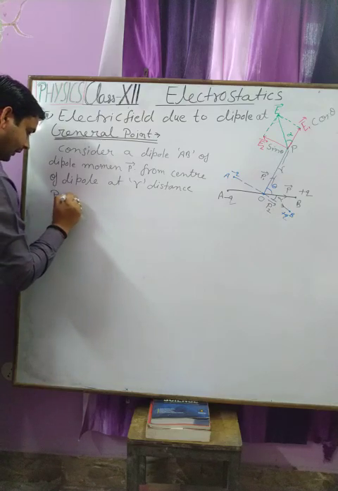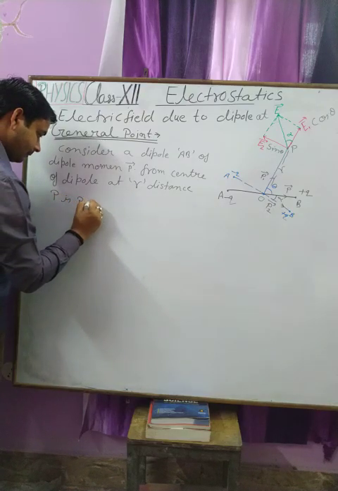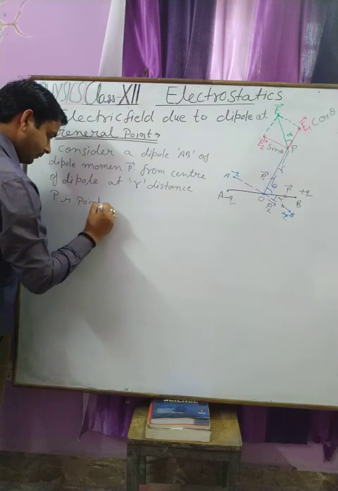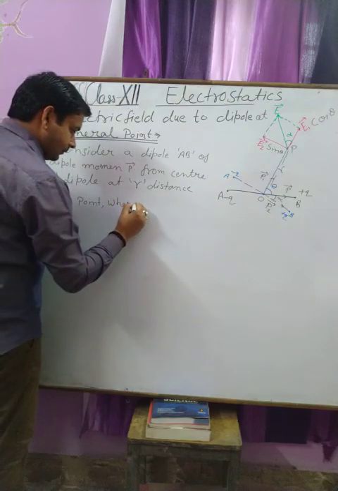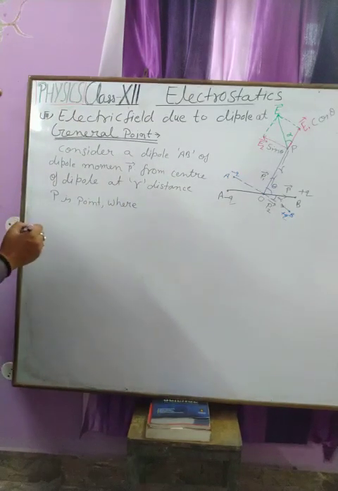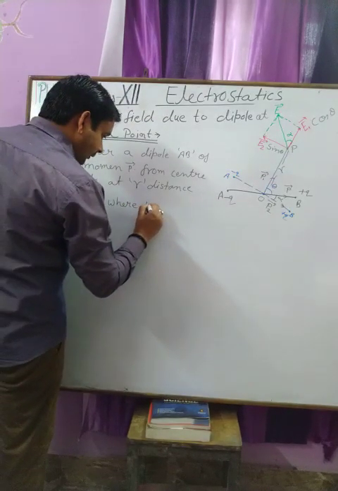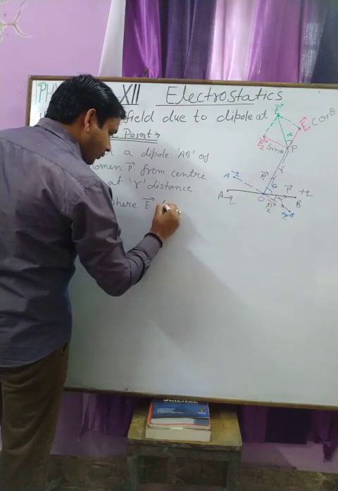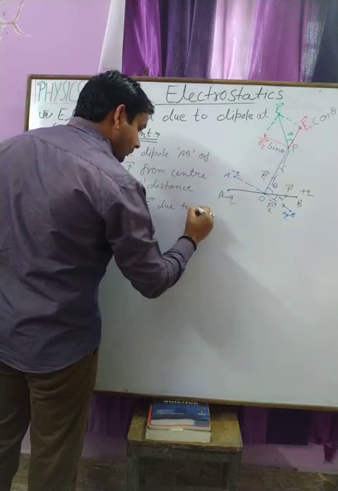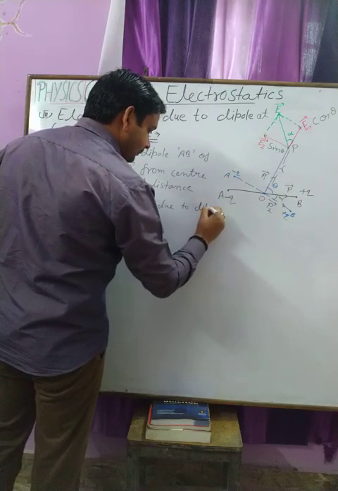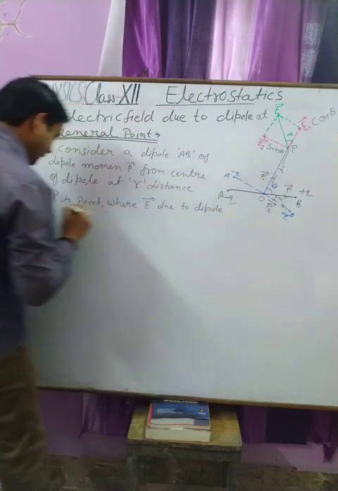P is a point where the electric field due to the dipole is determined.